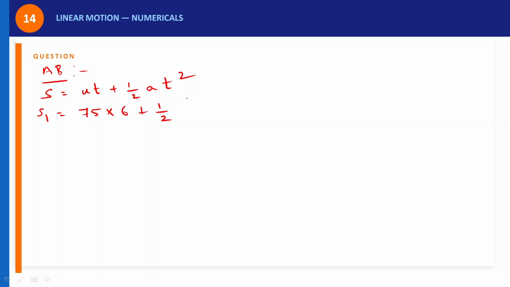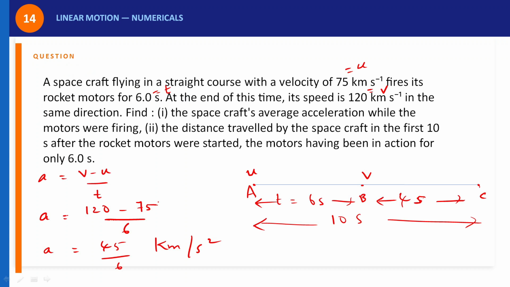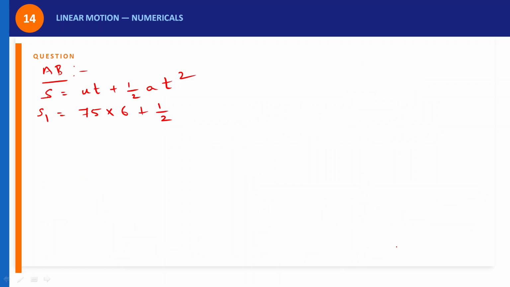We found 45 by 6, I mean, we can divide it, we will get here 7.5 kilometer by second square. So acceleration, what we'll write here, 7.5 into 6 square. s1 equal to, if we multiply and add, we will get 585 kilometers. This is A to B.